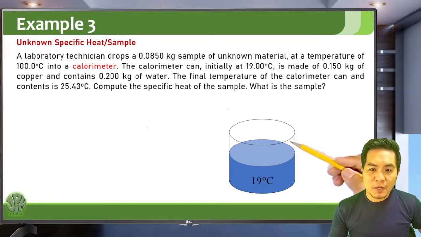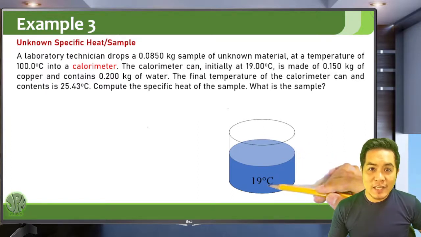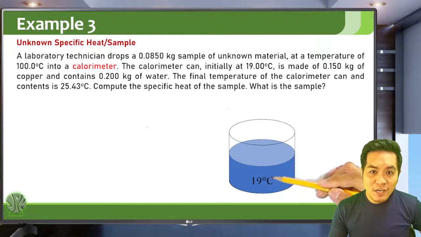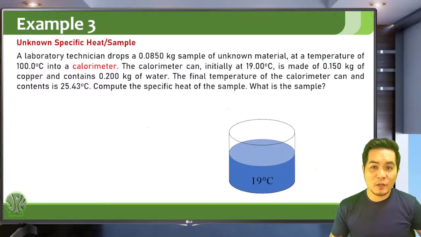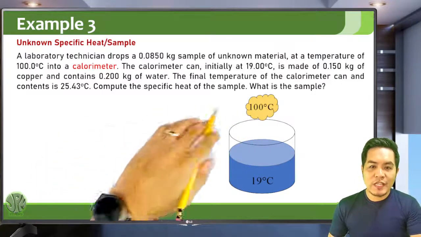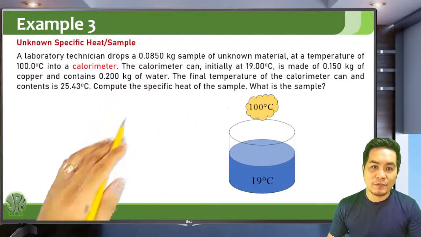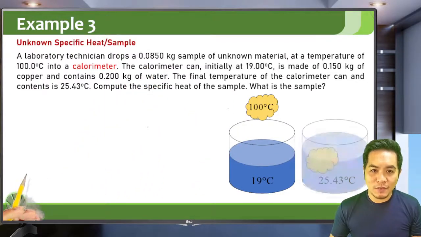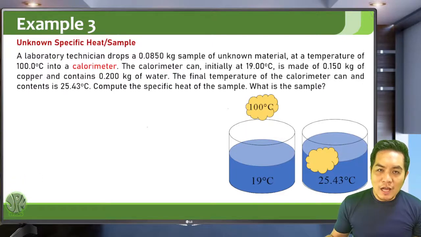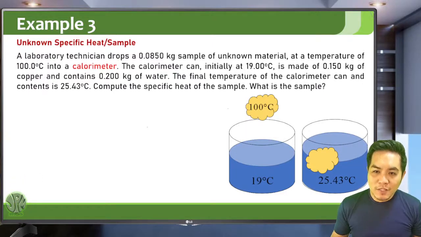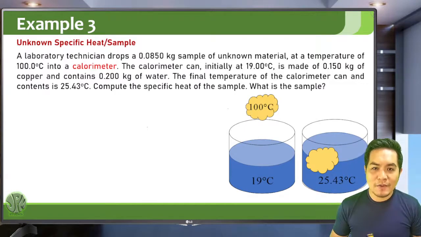Assuming thermal equilibrium, this temperature of 19 degrees Celsius is the initial temperature of the water and the copper calorimeter can. And then you drop a sample with initial temperature of 100 degrees Celsius and mass of 0.0850 kilogram into the calorimeter, and after a certain time, all three, the sample, the copper calorimeter can, and the water, have the same final temperature.